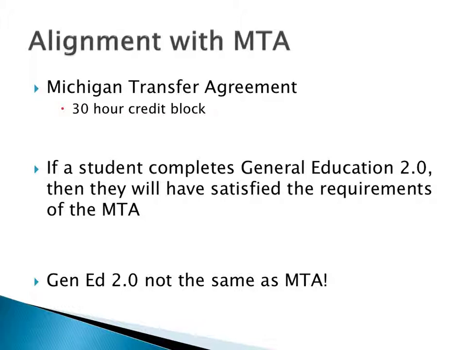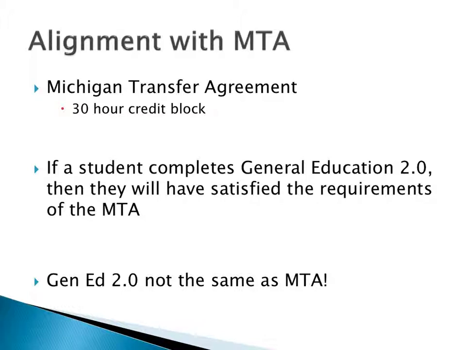Now, the Gen Ed intensive list does align with the MTA, but it's not the exact same thing as the MTA. So let me just briefly describe. The Michigan Transfer Agreement is basically a credit transfer block, and any colleges in Michigan which sign on to this are basically guaranteeing that if a student has 30 credits and those credits meet a certain requirement, then that 30 credit hour can transfer in as a block.